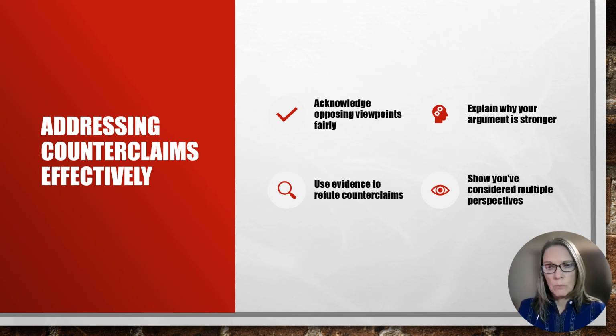Why is your argument more important? We're going to use evidence to refute counterclaims. So we can't just say our argument is more important or has greater impact. We have to use evidence to explain why that is. And finally, we need to show that we have considered multiple perspectives and we're not just dismissing them.